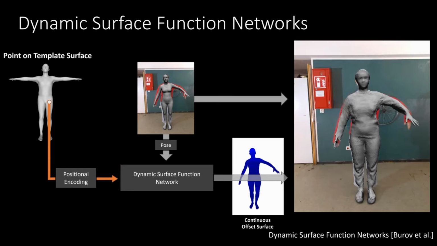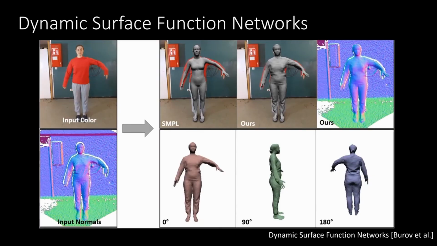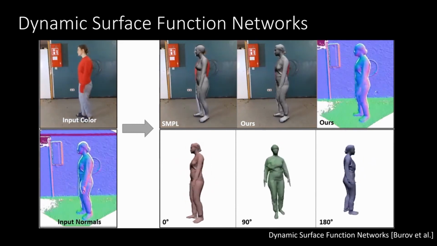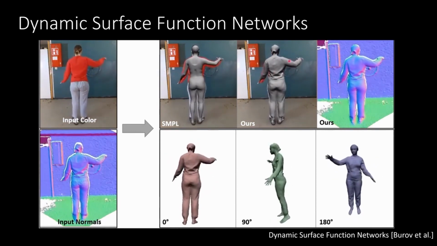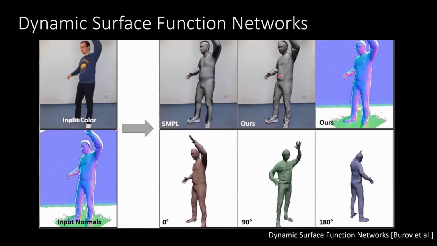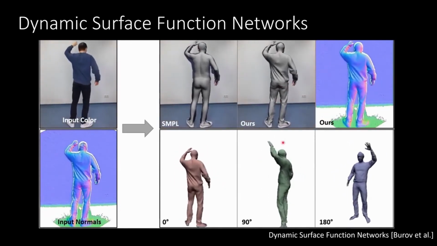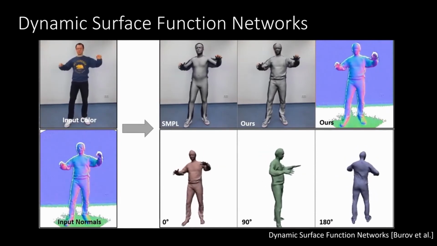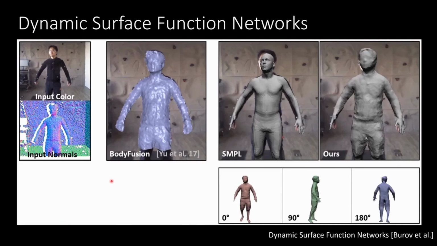And in the end, we can get results that look, for example, like this. So you can see that the wrinkles on the body are changing with the pose. This does not only work with high quality depth sensors, but also with the old Kinect sensor, which you can see here.